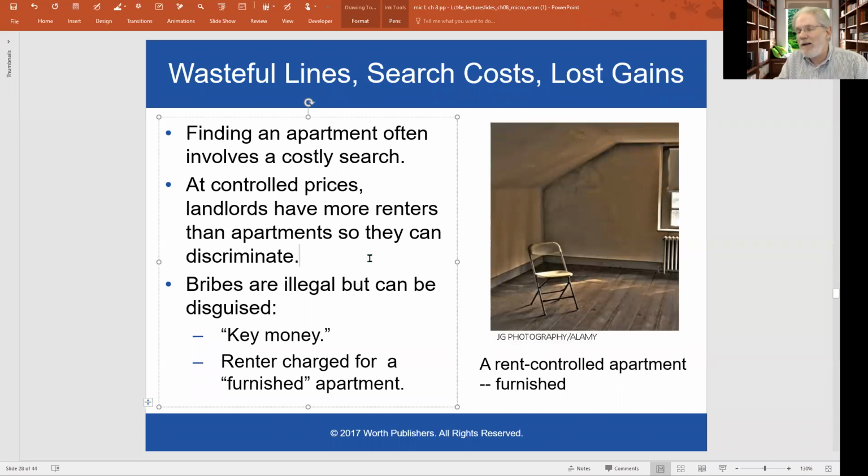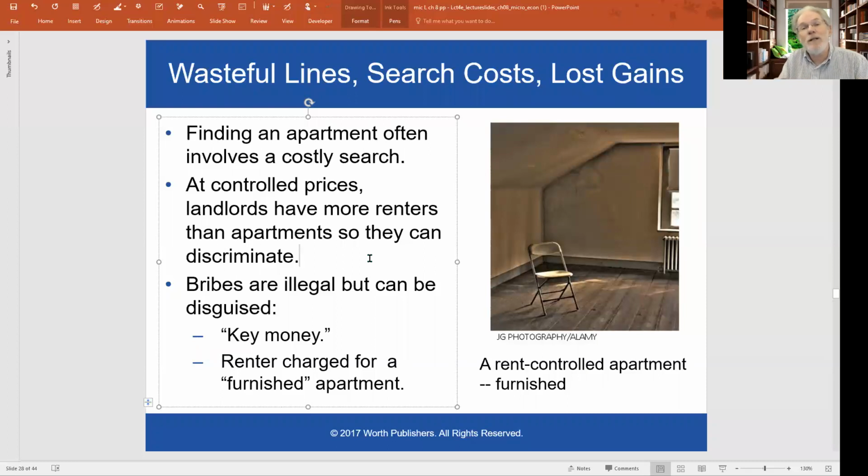Okay? And you might think, well, how would they think up schemes like this? If you're the owner of that property and you have spent thousands of dollars building that property, and now the government says, well, we're not going to let you charge as much as you thought you could charge, you have a big incentive to spend a lot of time thinking about, how do I deal with this? How do I respond to this?